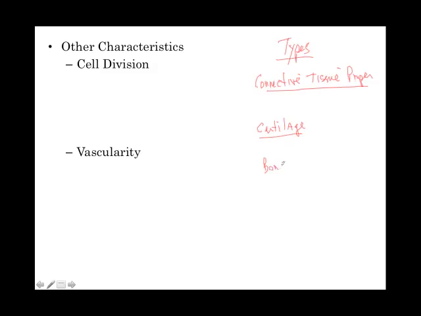We have bone as a third type, and we have blood as a 4th type. Now what we're going to find within connective tissue proper is that there are 4 different types in here. Cartilage, there's 3 different types. And we're not going to get into all of those, but I will show you some examples of those different types.